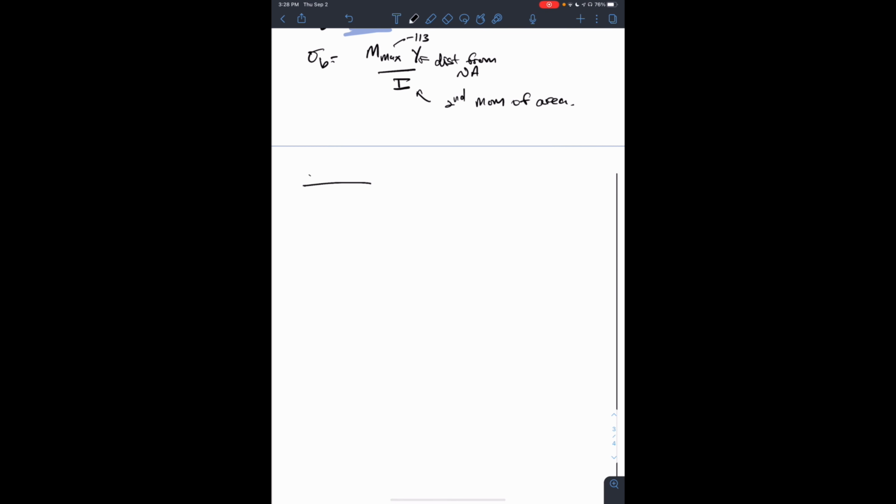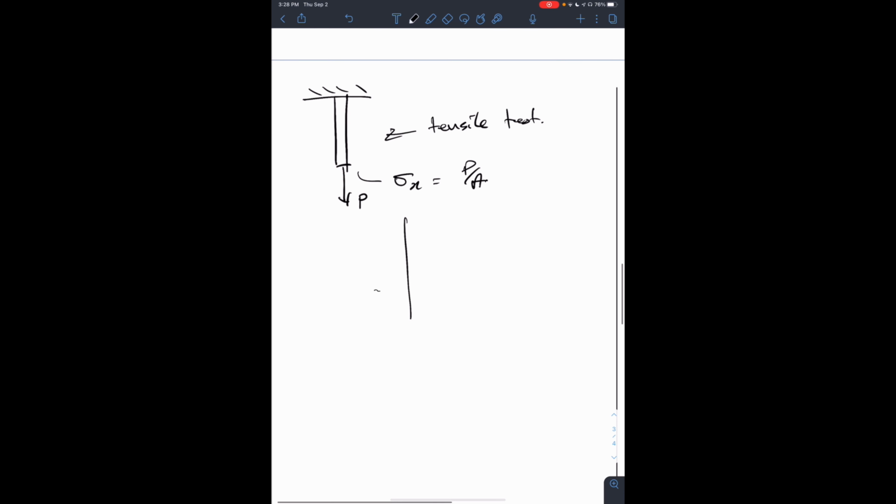So if you recall from strengths, we had a solid bar with an applied load P, and we would stretch this bar. This here is your tensile test. In doing this, we apply a stress sigma x equal to P on A, and we end up with the same stress-strain graph.